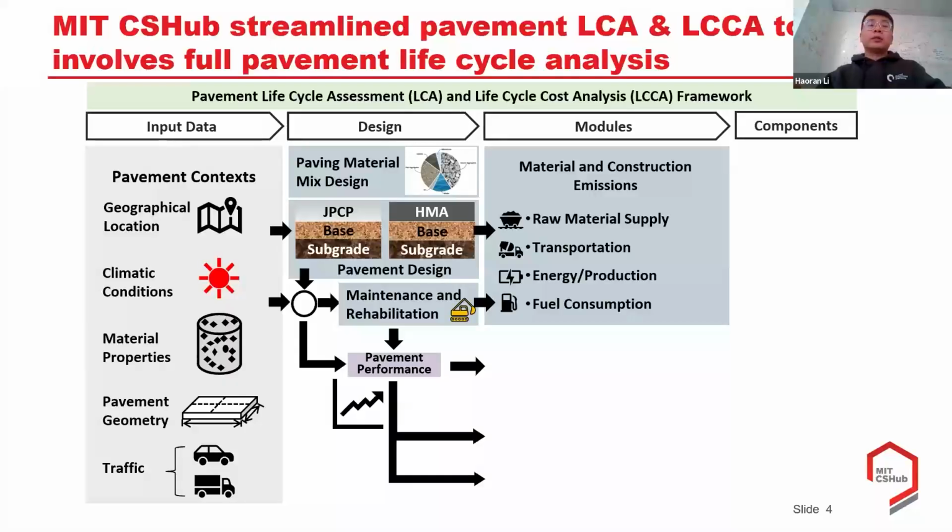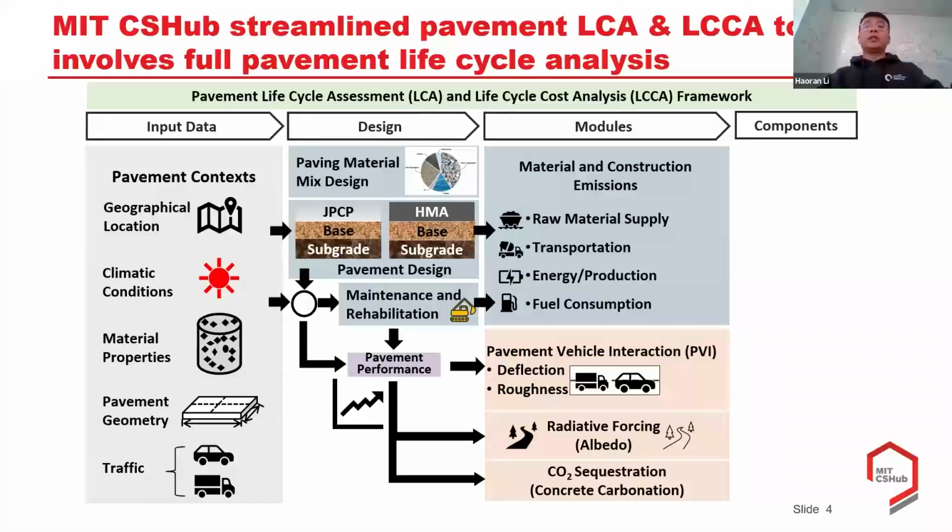In this way, the long-term pavement improvement or deterioration of performance will contribute to the modules of the use phase, including pavement vehicle interactions, or PVI, including both deflection and roughness, and also the albedo impact because of the surface reflective property, and the long-term carbon uptake of the concrete material, which you can call concrete carbonation.